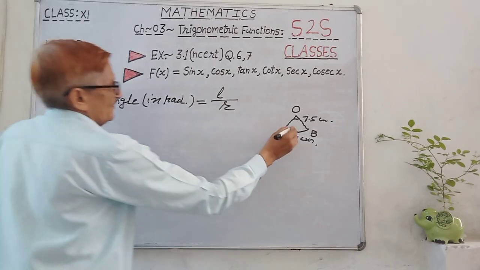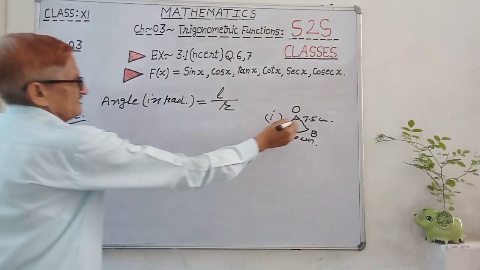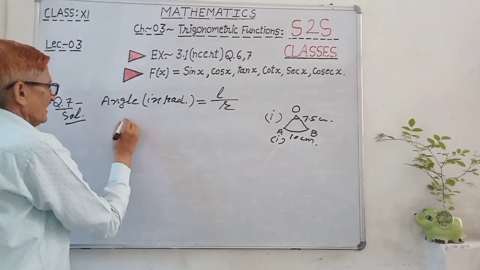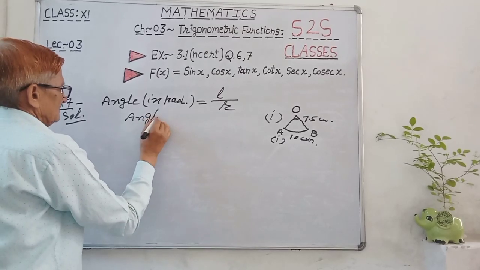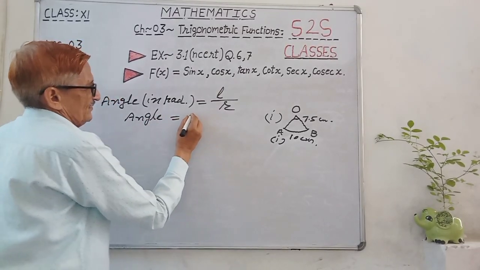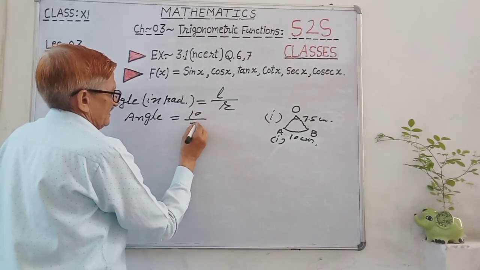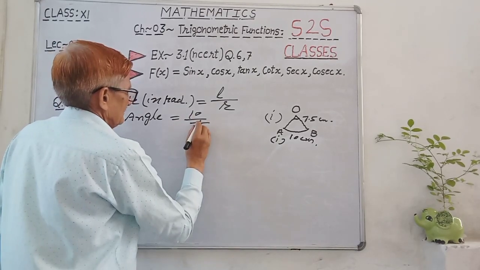Now for the first part, what is the radius? Radius is 7.5 centimeter and what is L? 10. So angle is equal to length of arc 10 centimeter upon 7.5.